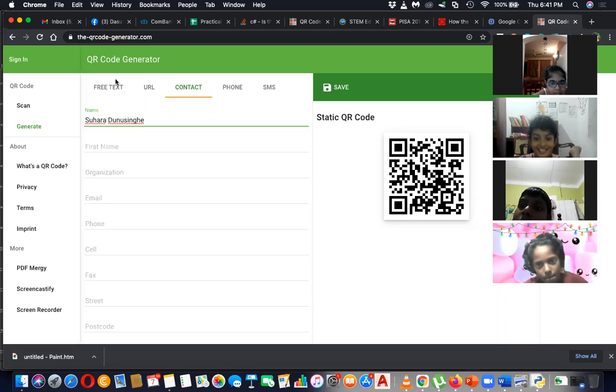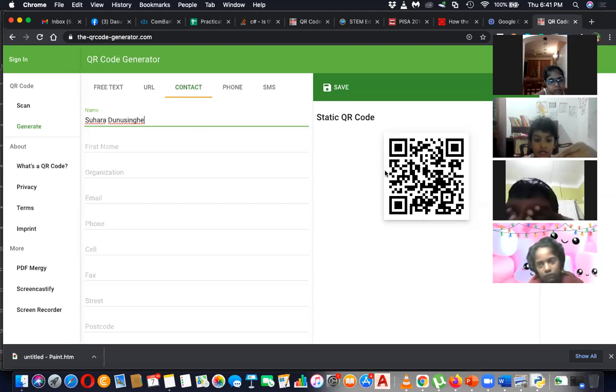Now, if you scan this code through your mobile phone, sometimes it is automatically detected by the camera. New mobile phones basically detect it. Otherwise, you have to use special software called a QR code reader.